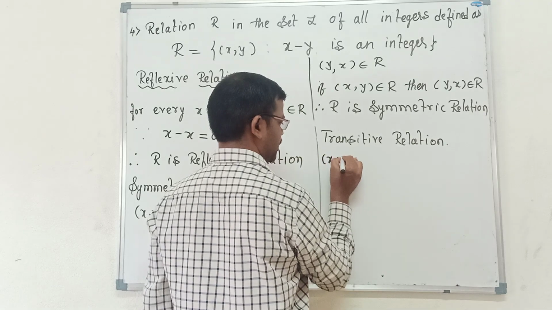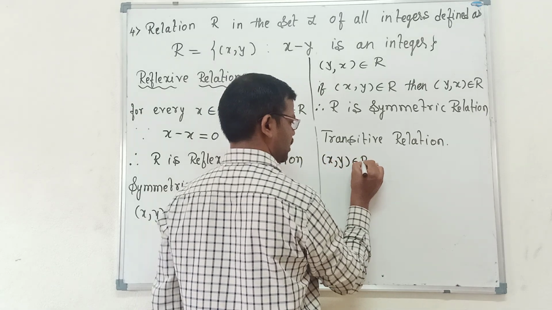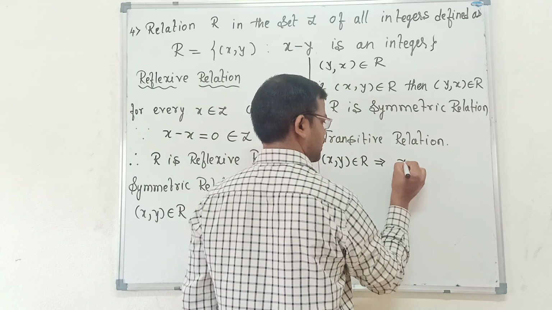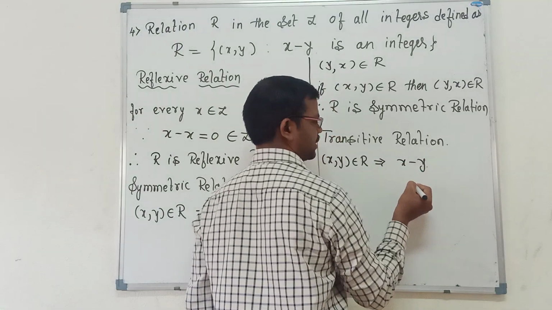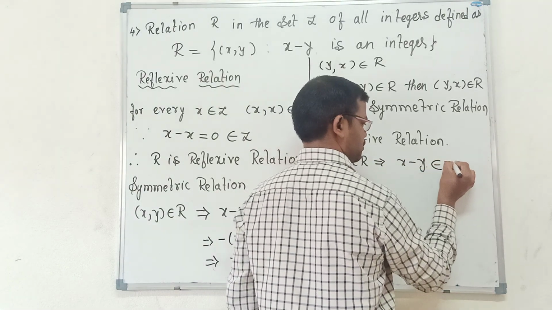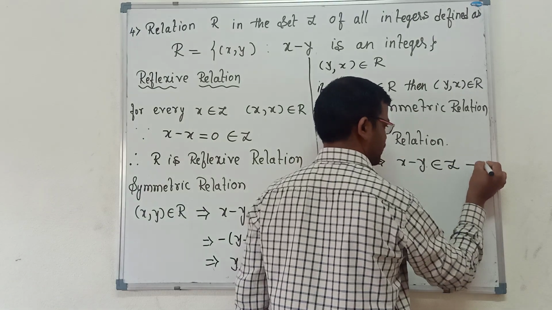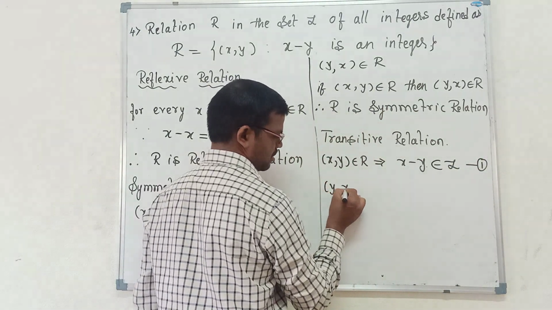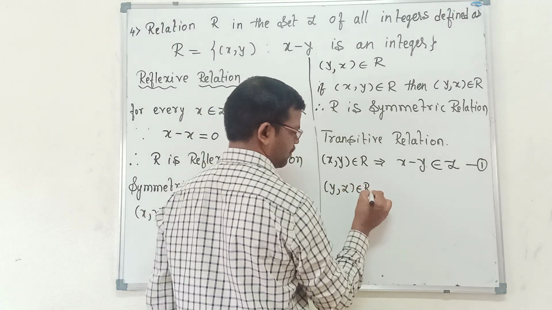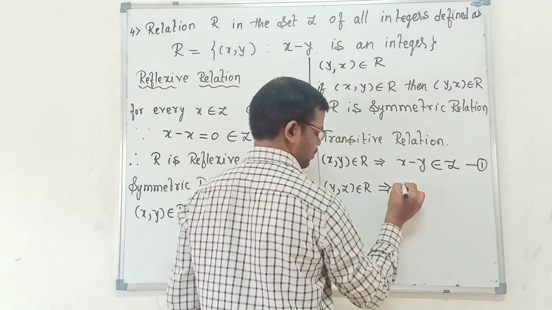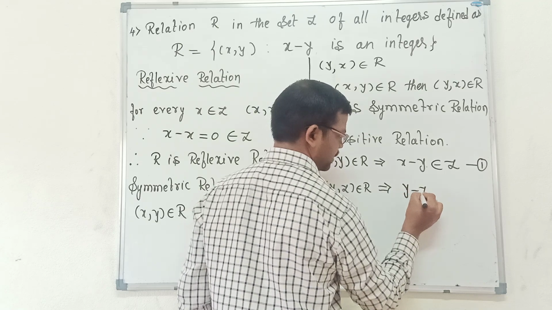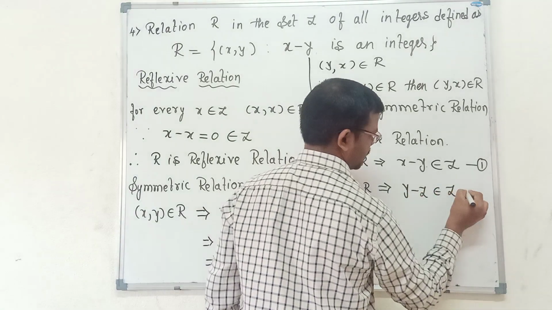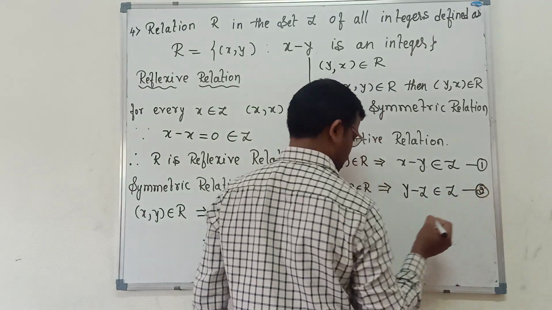Let me consider (x, y) belongs to R. It implies that x minus y is an integer, meaning it belongs to Z. Name it as 1. And (y, z) belongs to R. It implies that y minus z belongs to Z. Name it as 2.